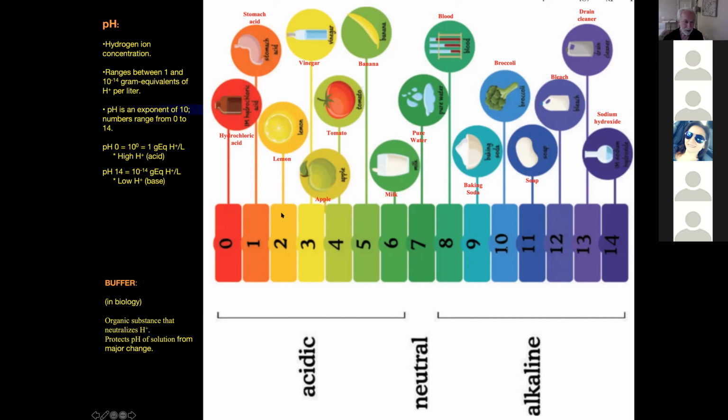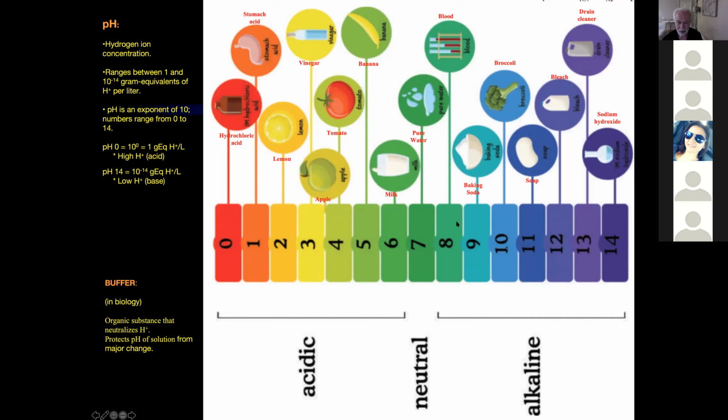There are some very acidic biological entities like in our stomach. Stomach acid is between pH 1 and 2. Lemons and apples and tomatoes are fairly acid. Banana, less so. Milk is slightly acid, whereas blood is slightly basic, but it's close to neutral.